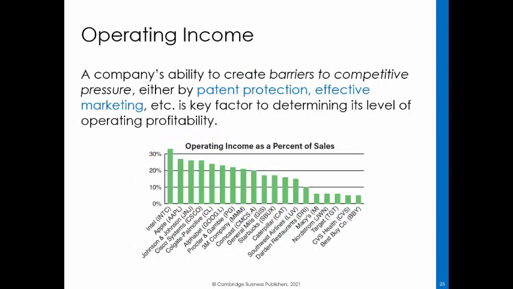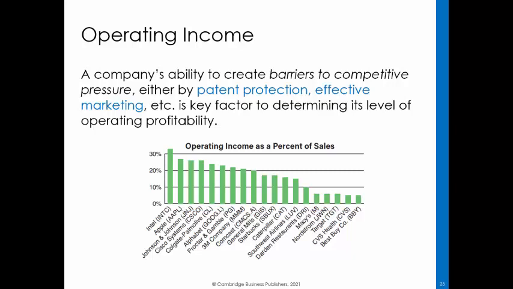Relative profitability or net income as a percent of sales differs widely across industries and even among companies in the same industry. Although effective managers can increase their company's profitability, business models play a large part in determining profit levels. The differences are illustrated in the graph on this slide, with Intel having a large percentage of operating profit as a percentage of sales, but Best Buy operates with a very narrow profit margin.